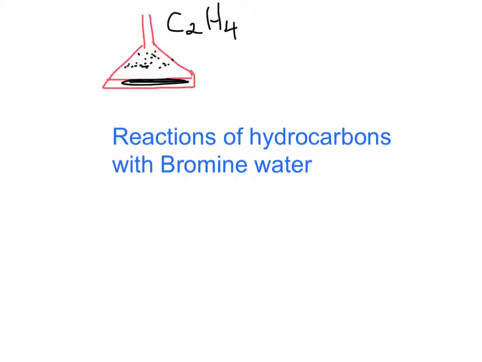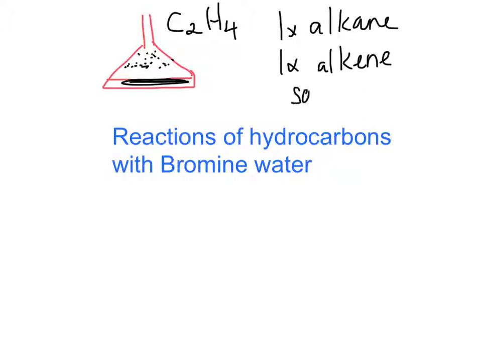So go online, have a look, see what other hydrocarbons people are using and what might be suitable for this experiment. But just make sure that you have one alkane and one alkene, and that they're the corresponding pair, so that they have the same number of carbons. Same number of carbons.